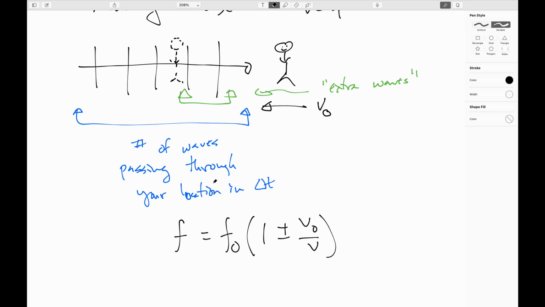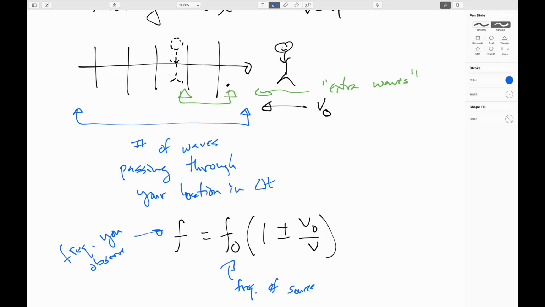So this here is the frequency you hear. This f naught here is the frequency of the source. This is a naught, that's an O there. Then this is your speed, v_O, and this is the speed of sound, v.